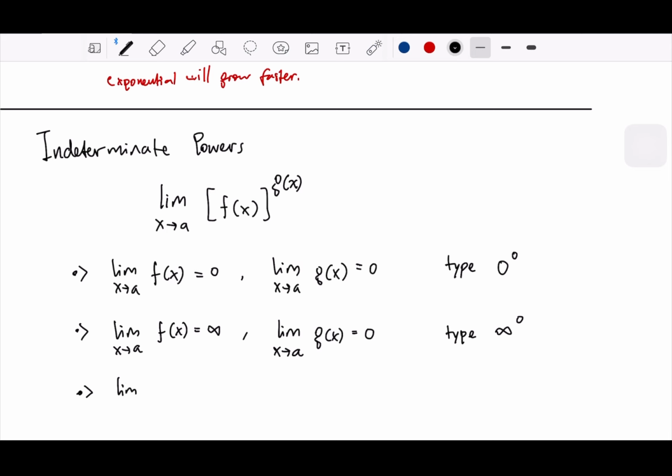And then the third one. So we have 3 conditions.